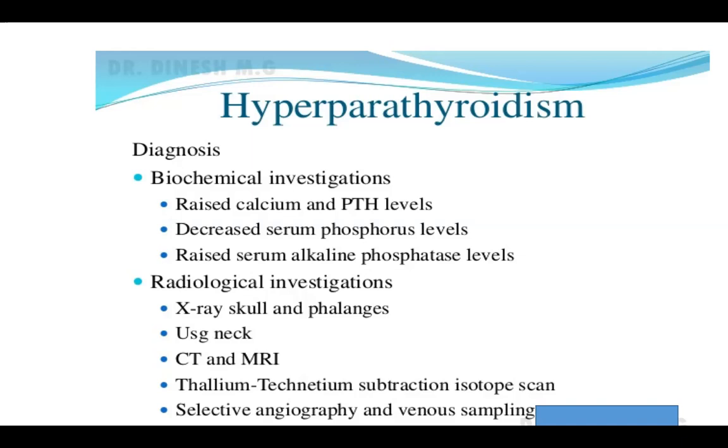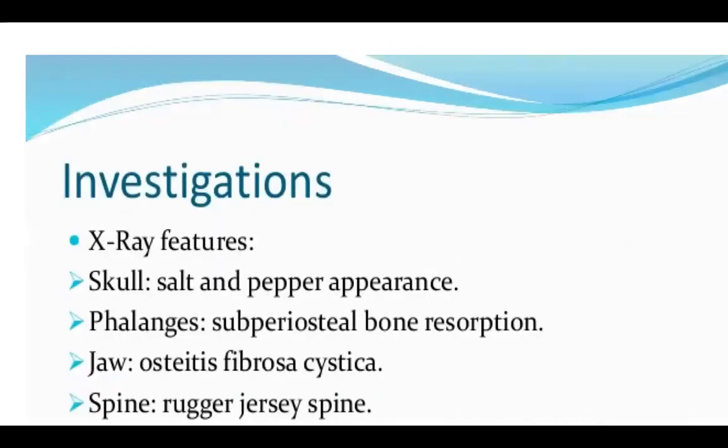Again, you can have a selective angiography or venous sampling in the case of difficult parathyroid locations. So the X-rays which you will like to get are X-ray skull, phalanges, jaw, and spine, and there will be characteristic features on these X-rays, which I will show you in the coming slides.